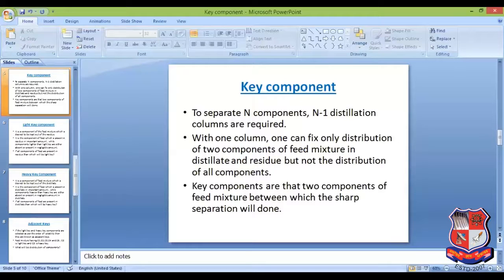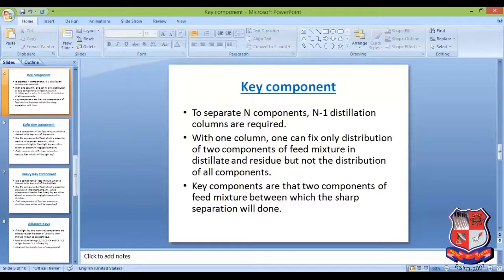So we have to choose 2 components, in such a way that we want separation between these 2 components, and then the remaining components will be distributed accordingly, as per their VLE. So the 2 components between which we want separation in distillate and residue are known as key components.